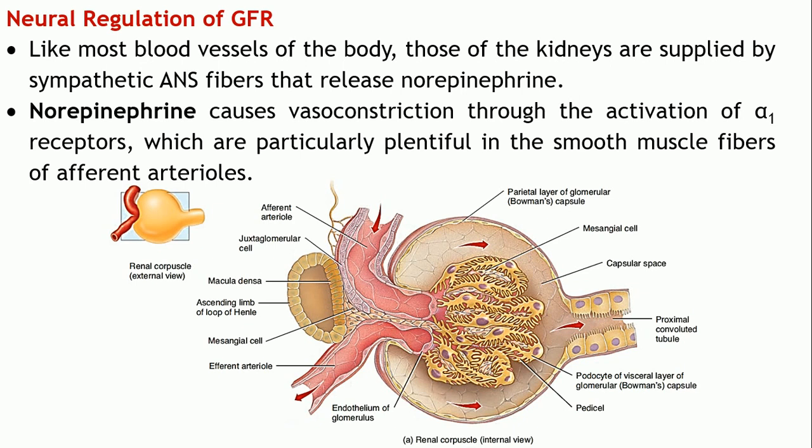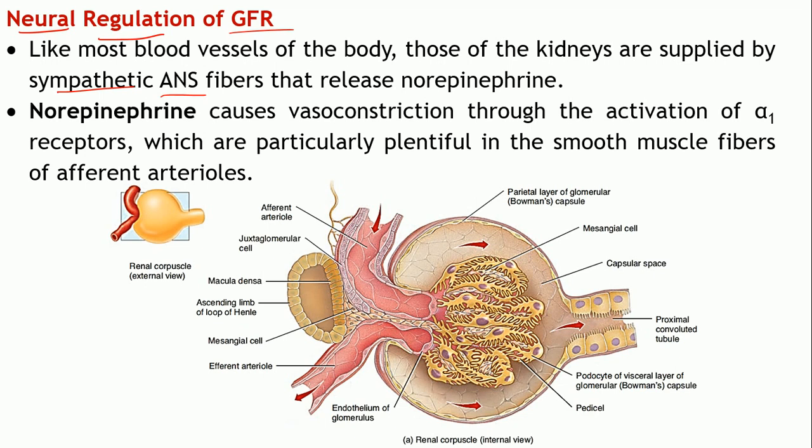Then coming to the next type of regulation, that is the neural regulation of the GFR. Like most of the blood vessels, these blood vessels are supplied by the sympathetic system of the autonomic nervous system.